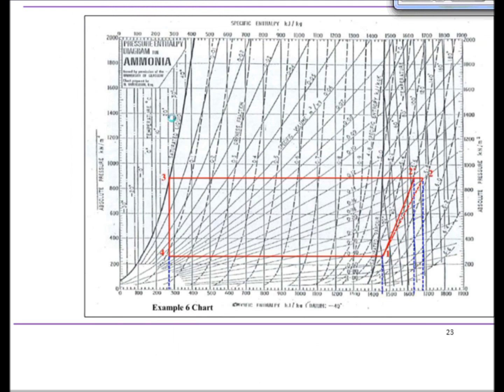So with that information we can actually plot the cycle diagram on our pressure enthalpy chart. We're told that at exit from the evaporator was 0 degrees and we're also given the pressure. So the first thing you can do is to draw your horizontal pressure lines, locate 0 degrees at exit from the evaporator, assume constant entropy initially.